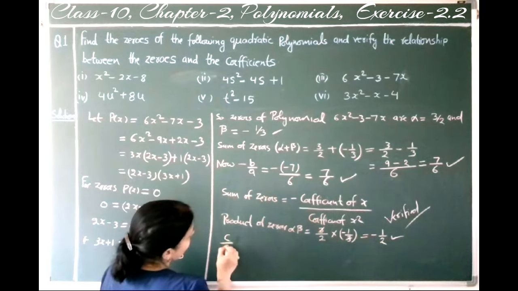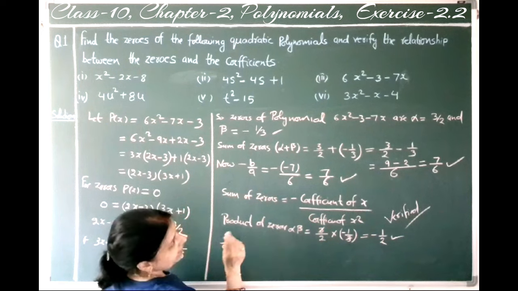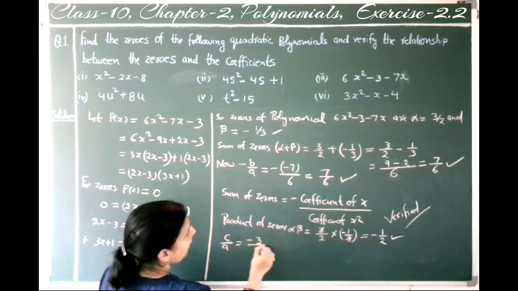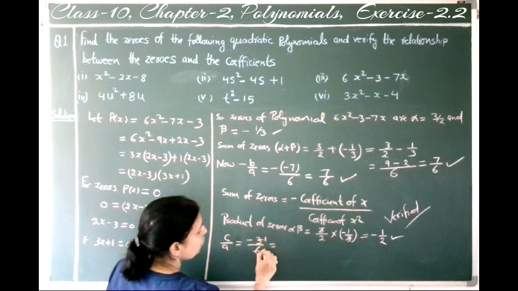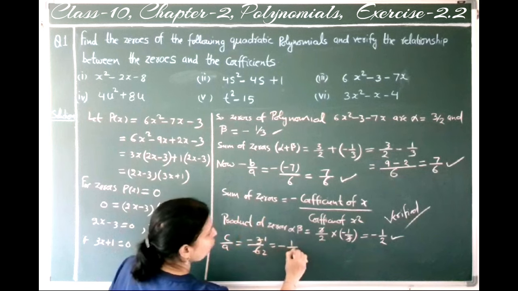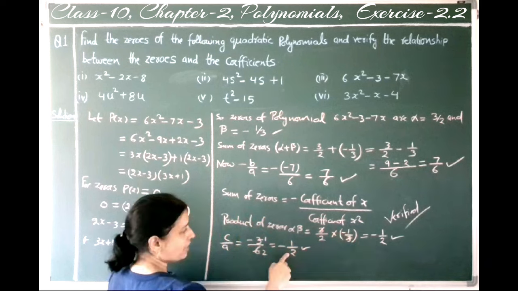Now what will be c by a? C is equal to minus 3 and a is equal to 6. So 3 divided by 3 is 1, and 3 times 2 is 6. So it will be minus 1 by 2. Both are the same.